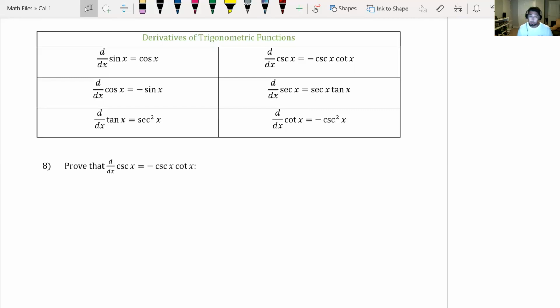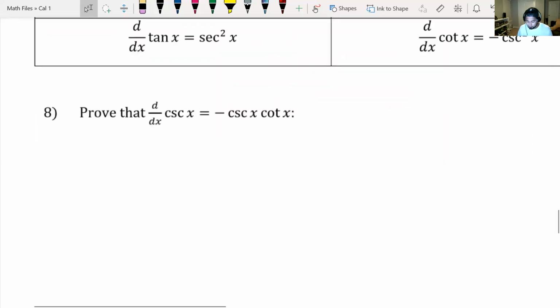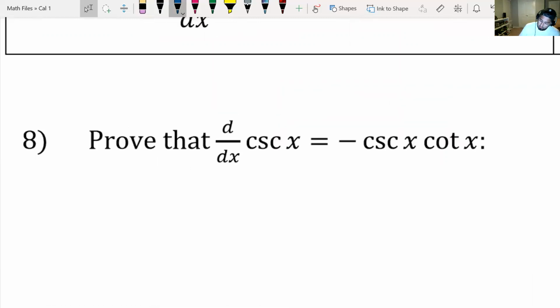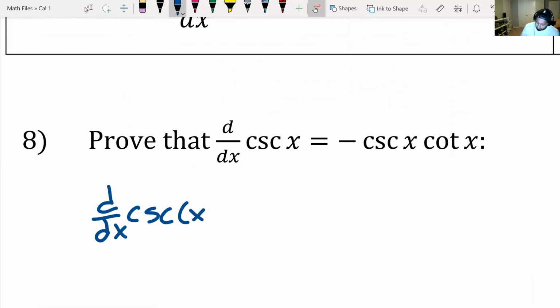So let's do it. All right. So d over dx of cosecant x, well, we have to use cosecant's identity.